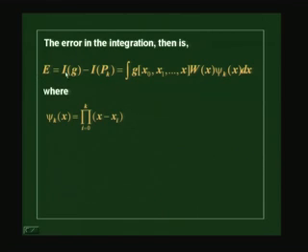As I said, this is I of f, but now the error is slightly different from what we had written before, because now g was f into w. So the error is actually the integral of g[x0, x1, ..., xk, x] into w of x psi k of x dx. So now we have this extra function sitting here; psi k of x is the same as what we have used before.